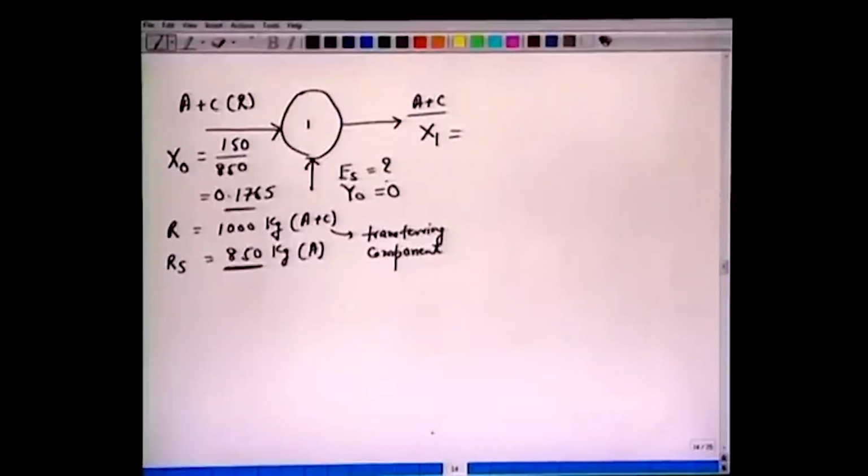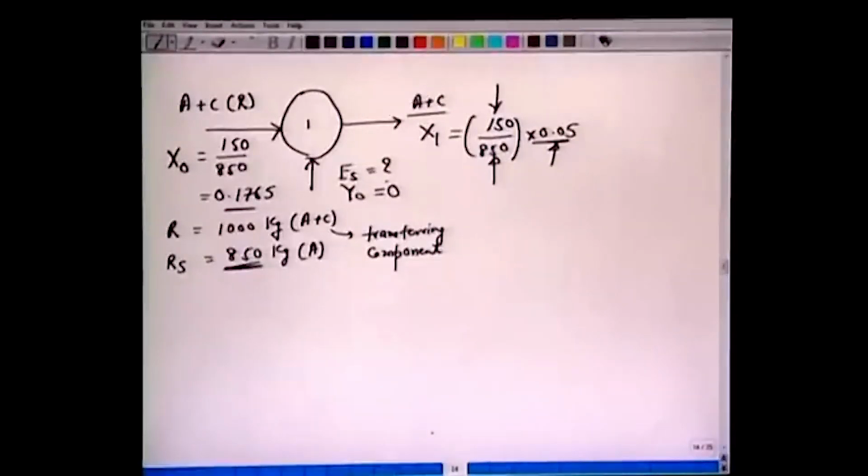component C, the transferring component, now reduces by 95%, which means if we are starting with 150 and 850, x1 would be 150 by 850 into 0.05. So, 95% of C has been removed. We are using this solid free basis 850, it is a solvent RS, and we have 150 of C in the beginning.